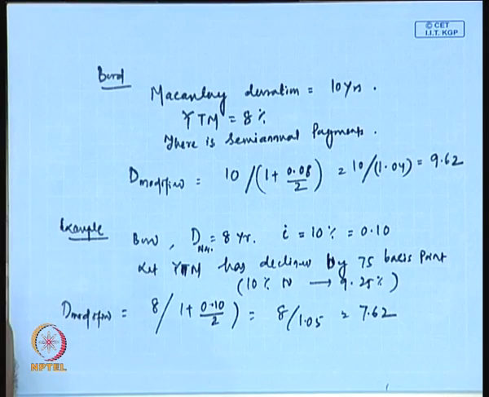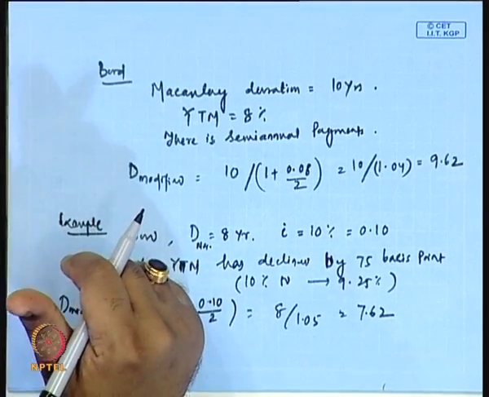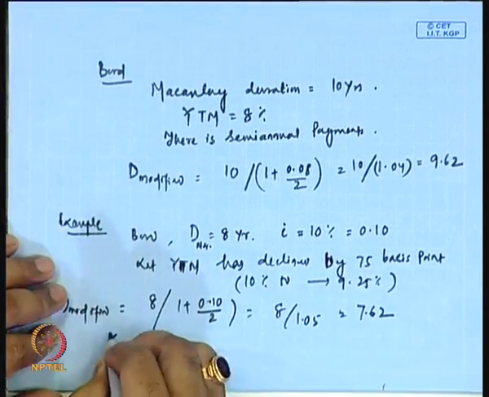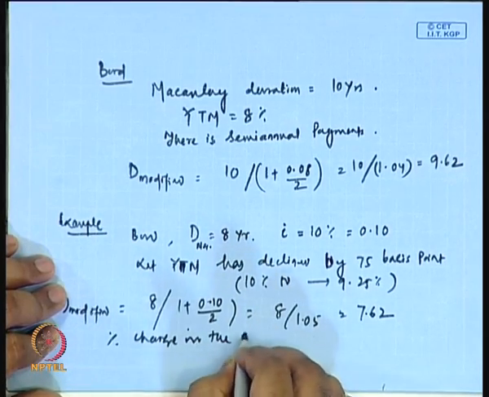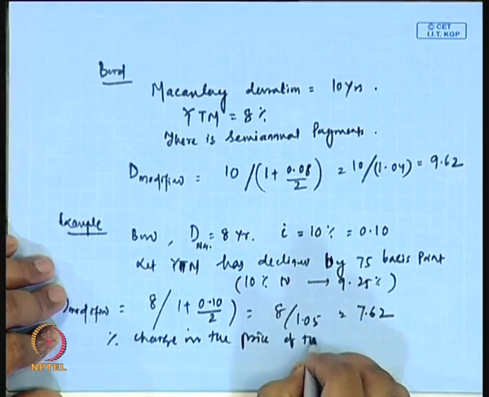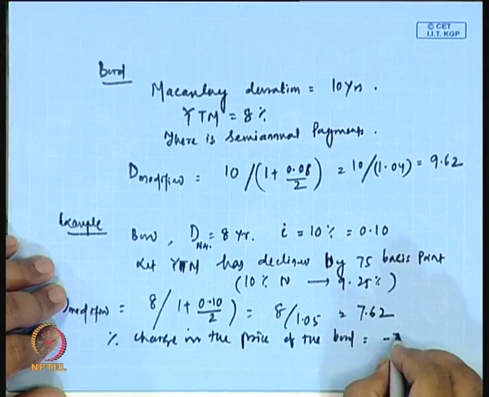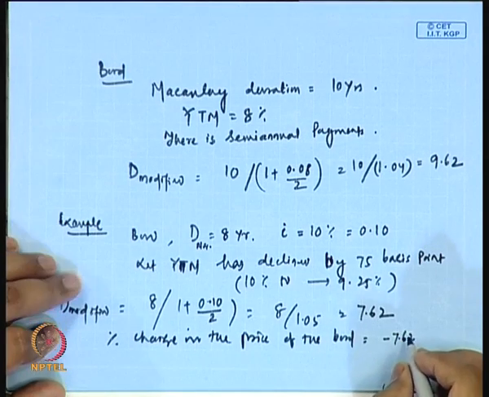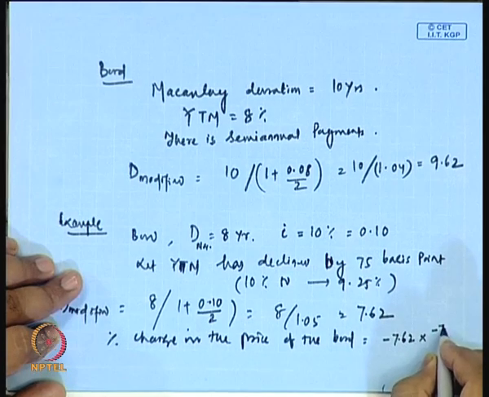To calculate the percentage change in the price of the bond, it is minus 7.62 multiplied by minus 75 basis points divided by 100.